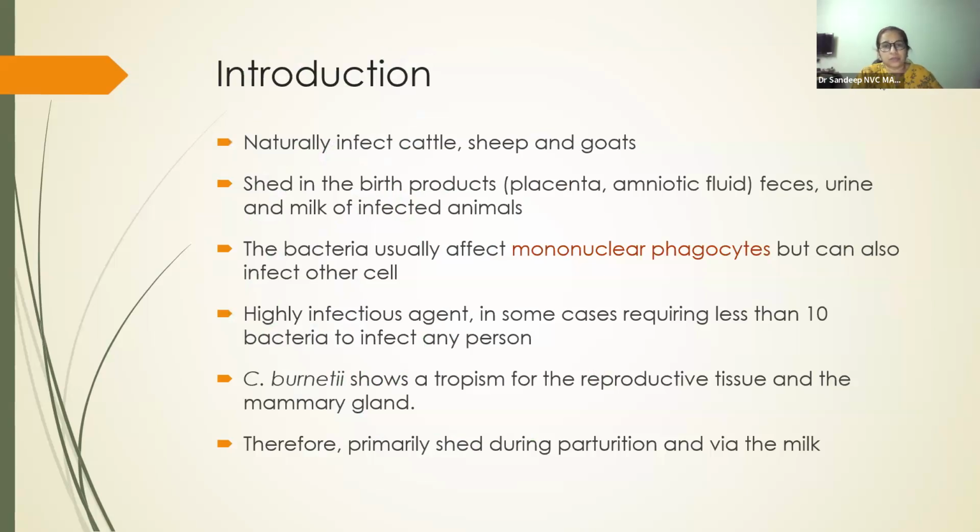In the animal population, specifically cattle, sheep, and goats, natural infections are observed. The organism sheds the pathogen in birth products, excretions and secretions. In birth products it is mostly observed in placentas and amniotic fluids. It is also observed in feces, urine, and milk of infected animals.